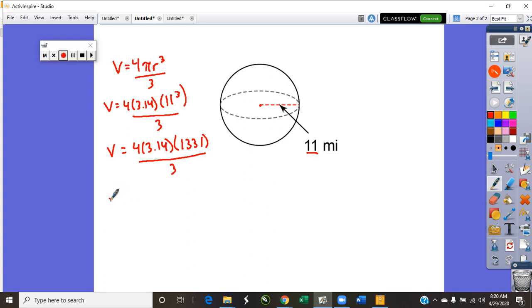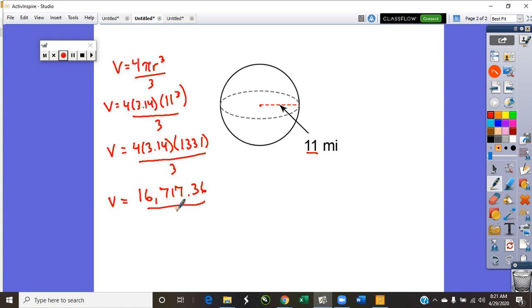So volume equals 4 times 3.14 times 1,331. The total that we would get here is about 16,717.36. Now, this might be slightly different than the multiple choice answers you're given.